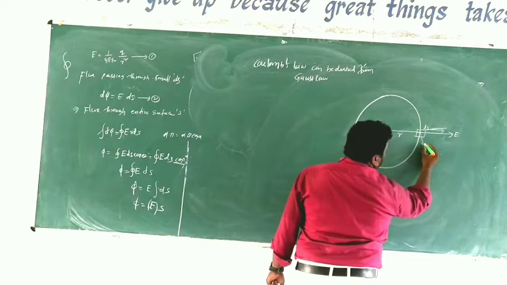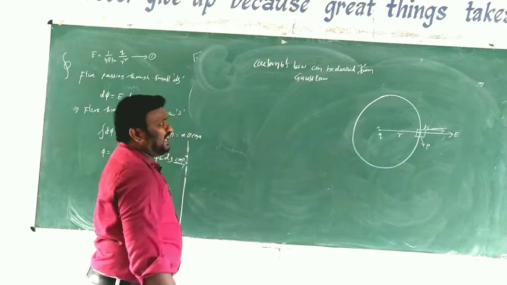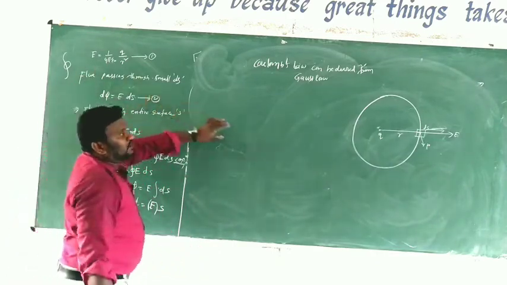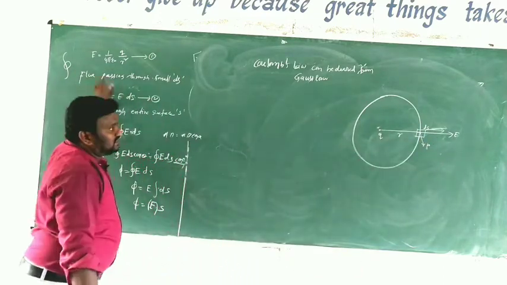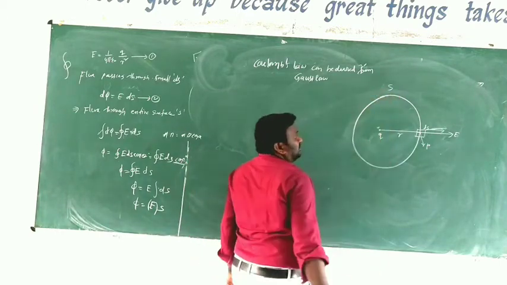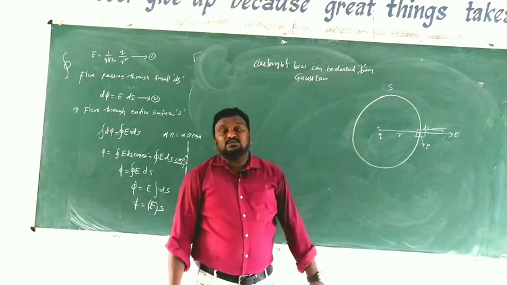This is point P. Clear? Same example I explained previously, same thing. At that point, the electric field intensity is very simple, children. We are taking one Gaussian surface of surface area S. At the center there is some charge q.